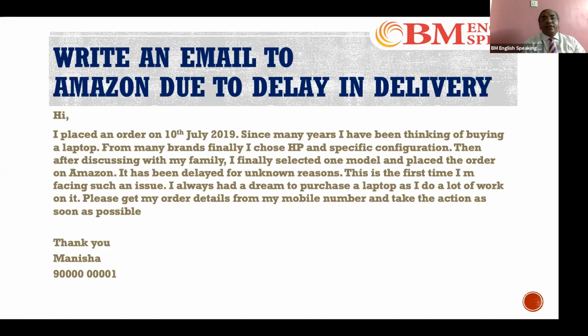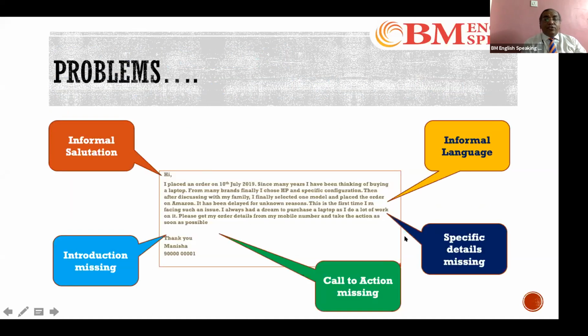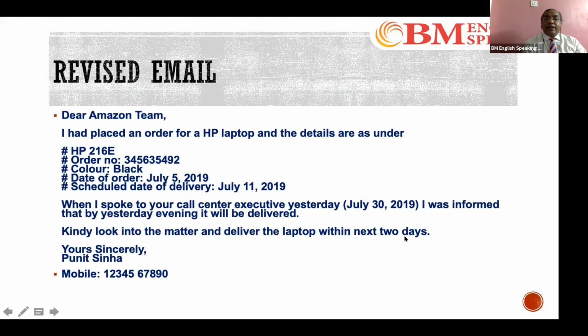Well, friends, I told you to write an email to a hotel manager asking for more information. And I was expecting you to write an email which looks something like this, with this kind of clarity. Dear Amazon team, I had placed an order for an HP laptop and the details are as under.